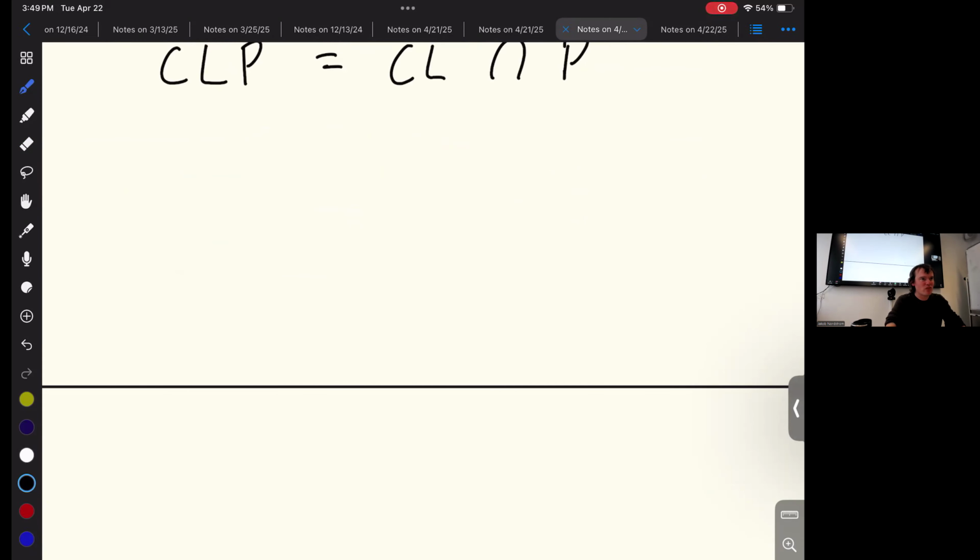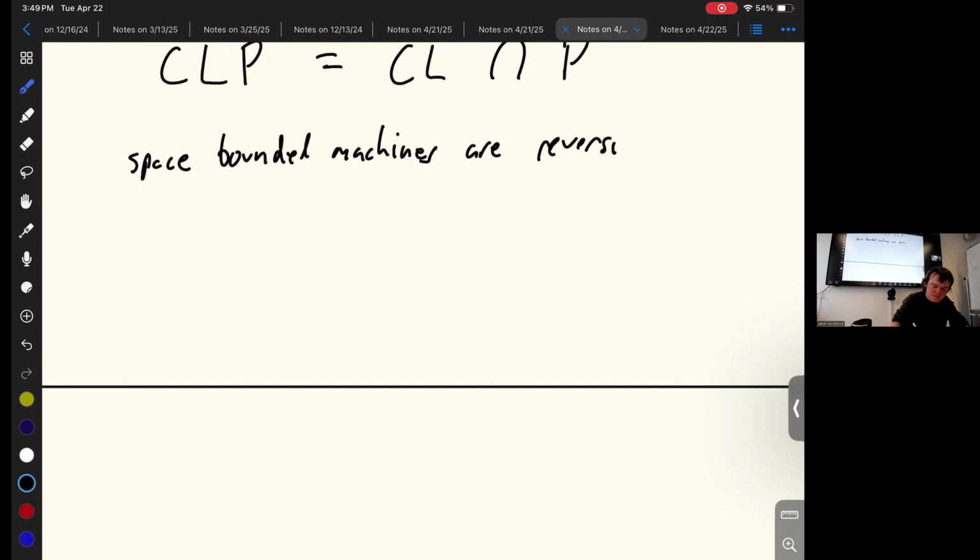So for this, you need to know something that I mentioned offhandedly earlier, which is that space-bounded machines are reversible. As a result, due to Lange, McKenzie, and Tapp from 2000, it works in the catalytic space world as well. What do I mean by reversible?